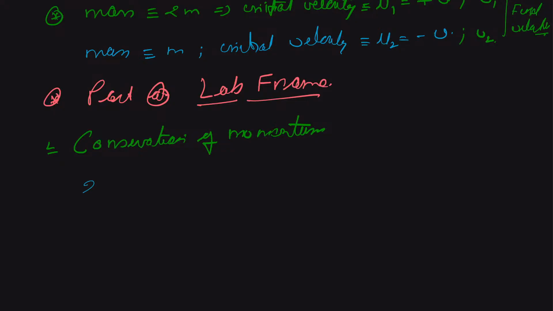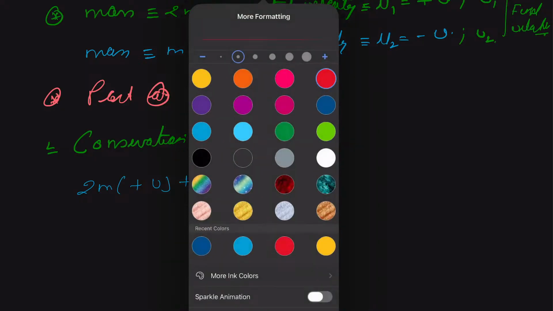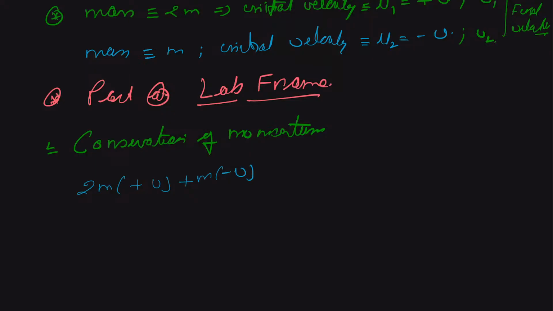So initial momentum will be equal to 2m times plus v and plus m times minus v, and that will be equal to final momentum, that is, sorry, it is m, not m1, twice m times v1 plus m times v2.